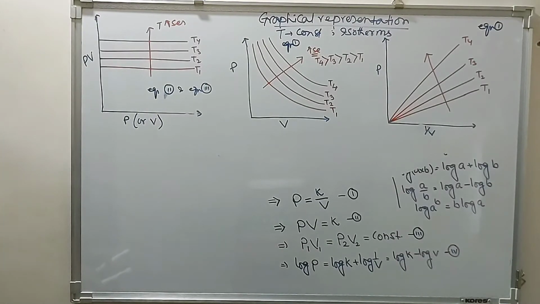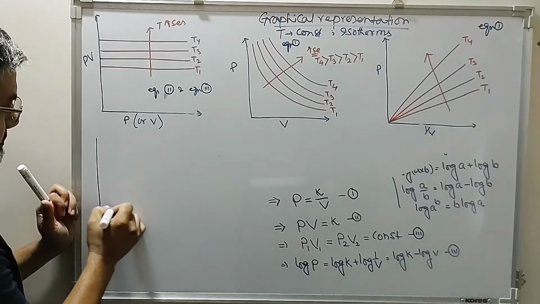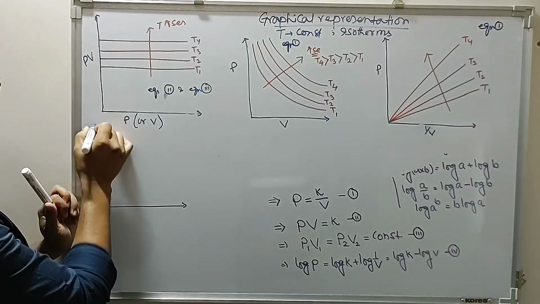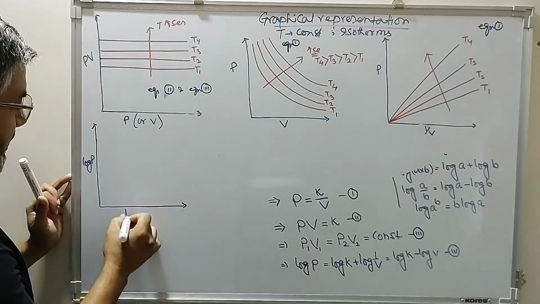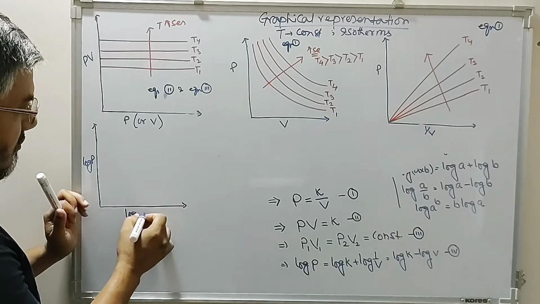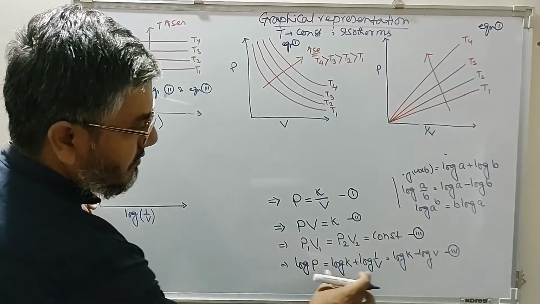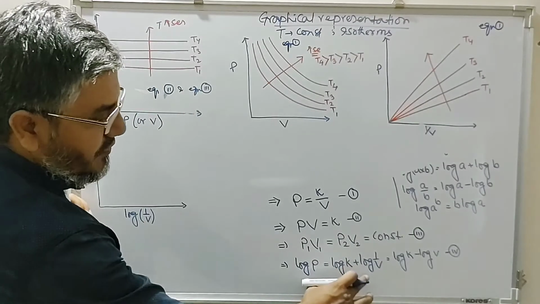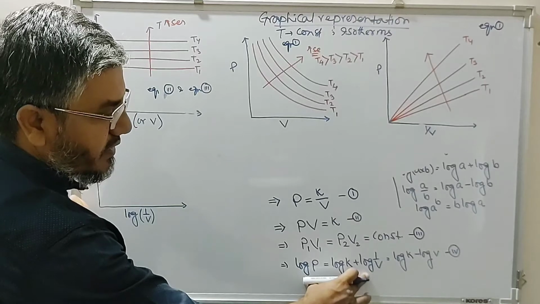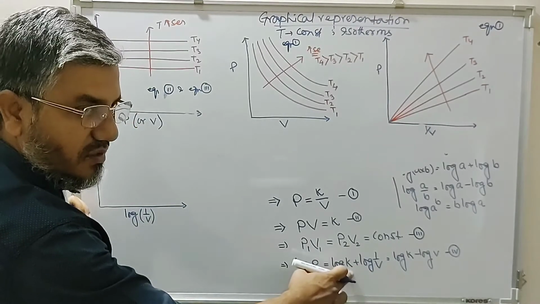Now coming to equation number 4. Let's make a graph between the logarithm of P and the logarithm of 1 by V. Logarithm of P versus logarithm of 1 by V. If you look at this, it is an equation of a straight line, the slope being 1 and the intercept positive.